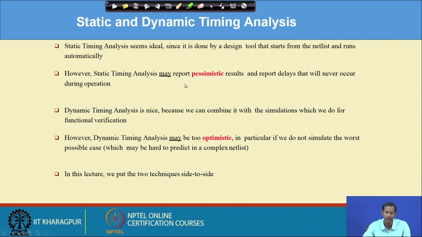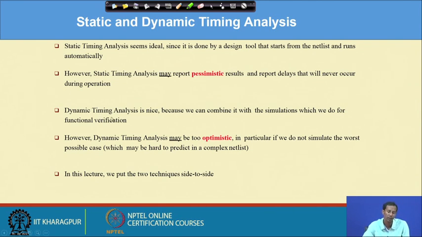That is why it says the report may be pessimistic. But in case of dynamic timing analysis, why do we do it? Basically to check what the timing requirement will be whenever we test it in the real time environment.